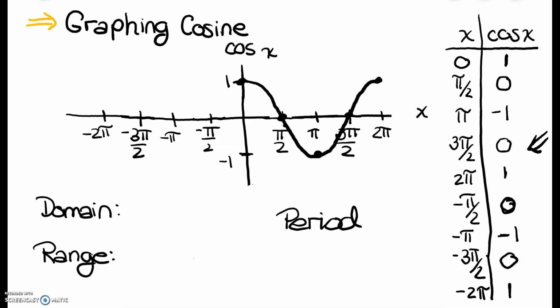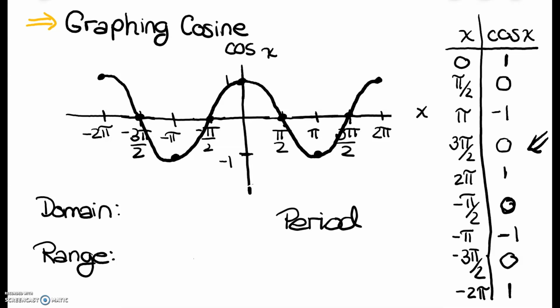Now if I go backwards around my unit circle, cosine of negative pi over 2 has a value of 0. Cosine of negative pi has a value of negative 1. Cosine of negative 3 pi over 2 has a value of 0. And the cosine of negative 2 pi has a value of 1. So when I draw this graph in, it looks exactly like my first period did.